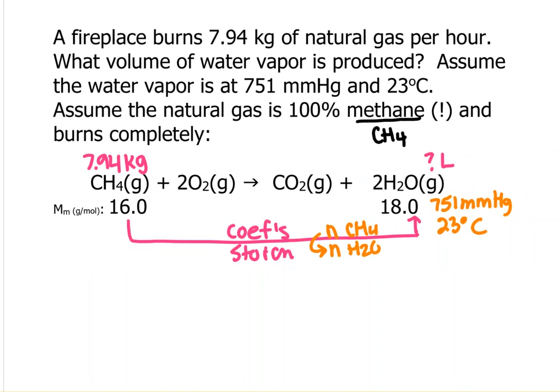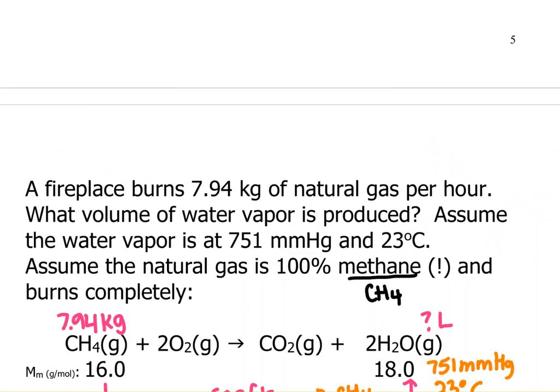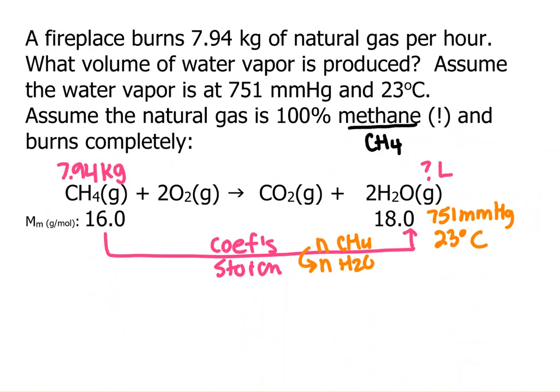Okay, and then the other thing, I'm just thinking ahead, is that when I get the moles here, I'm probably going to be using PV = nRT, the ideal gas law, to get to volume.